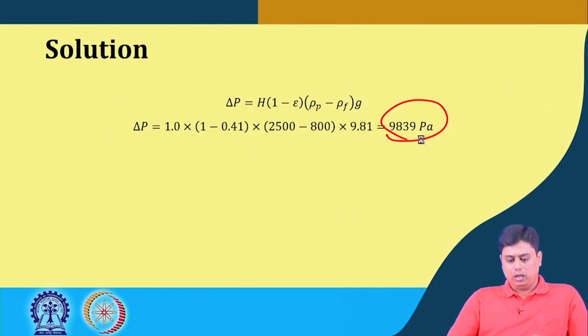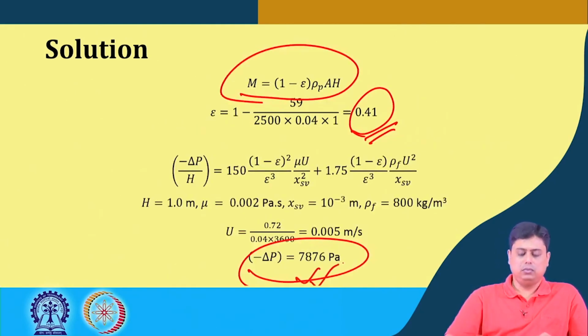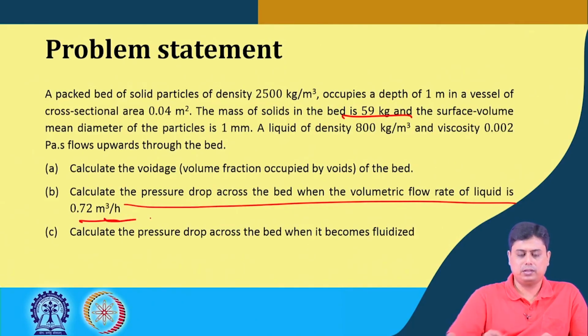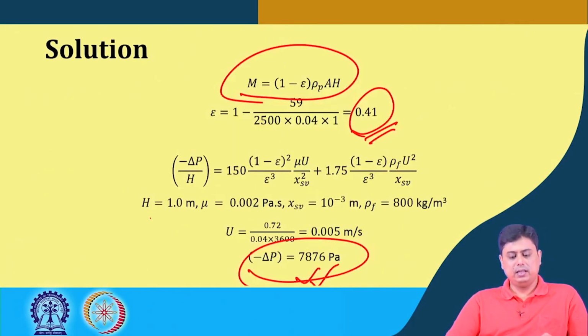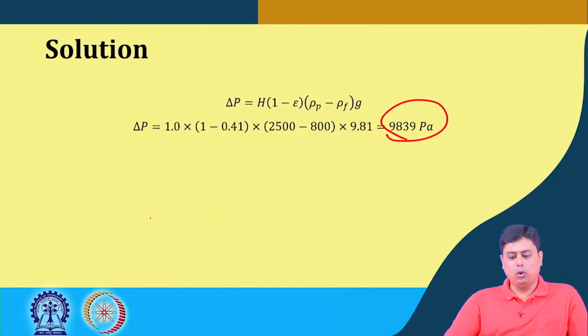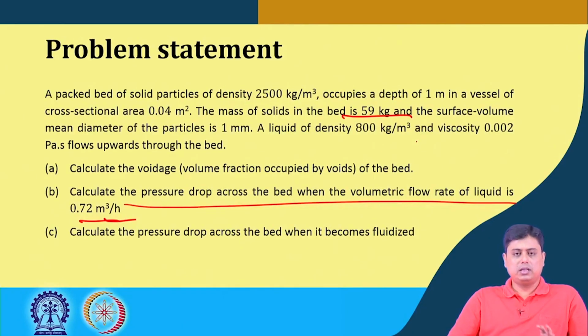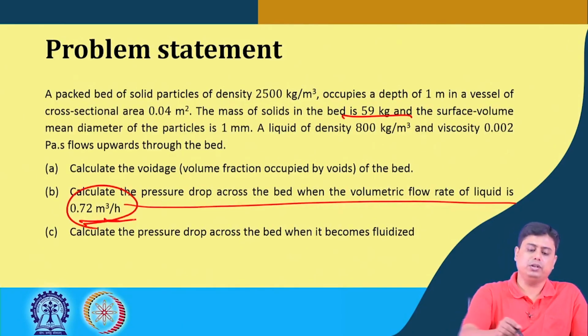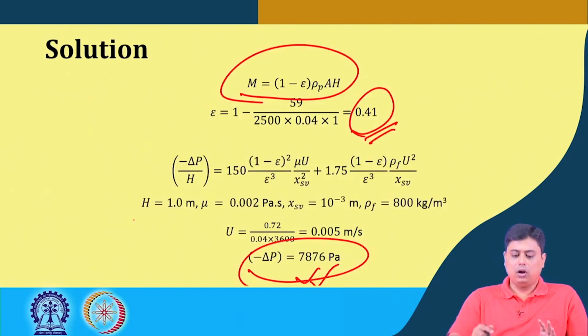Now, if we again look at this pressure drop for this particular flow rate, we see that this pressure drop is lower than what would have been in the fluidized condition. So, which means the bed will still not be fluidized at that 0.72 meter cube per hour of flow rate, because it has not reached that much of a pressure drop which can withstand the weight of the particle in suspended condition.